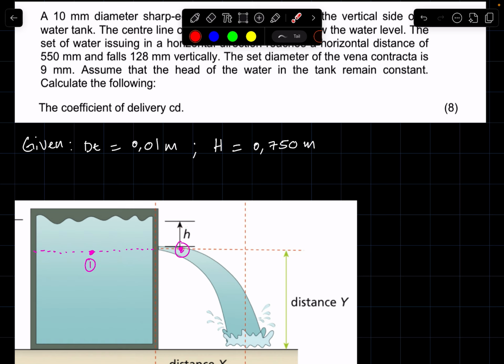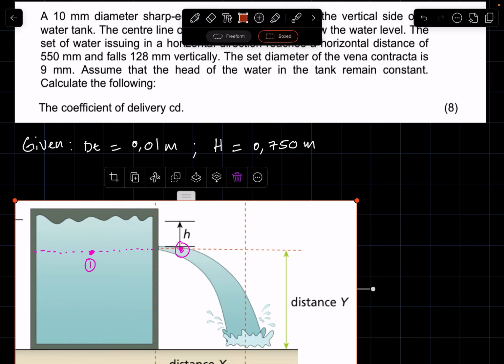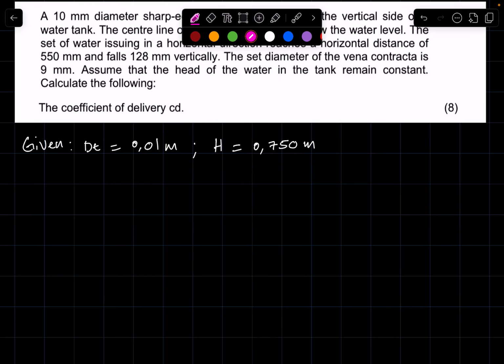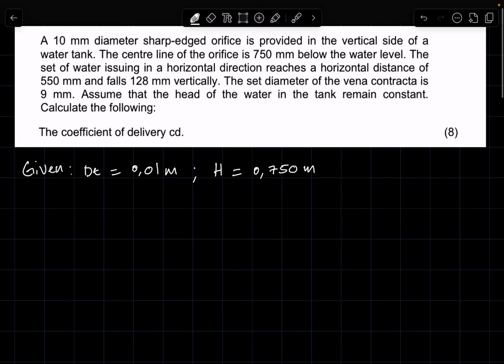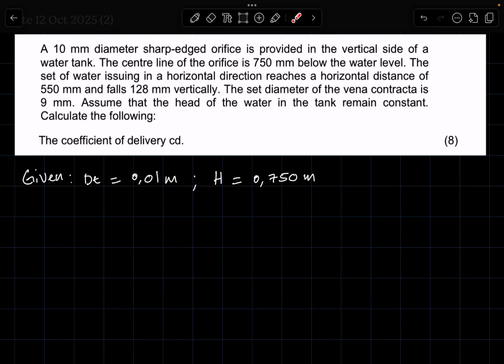That remains constant. Again, go back to the video where I explain the concepts of measurement of flow. So our H remains constant. And then the jet of water issuing in a horizontal direction reaches a horizontal distance of 550.